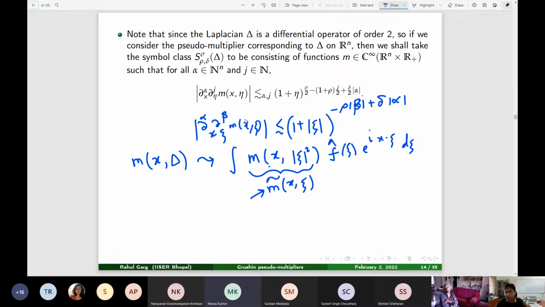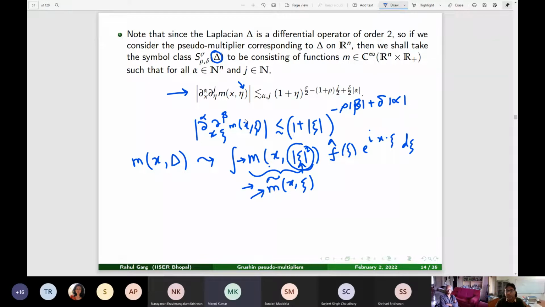So you would want to ask what is the condition on m tilde. Because of this change of xi going to xi square, it turns out that for the Laplacian, the correct way to look for the definition of this type, and this is a simple observation, is that you can define m and m tilde in this manner and go from one symbol condition to another. So this one would then be defined for positive reals.